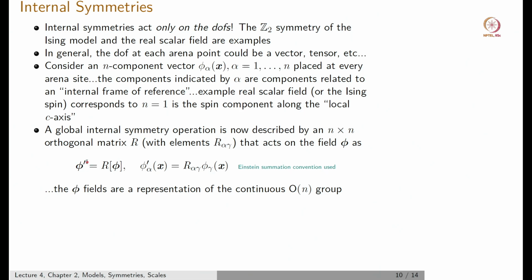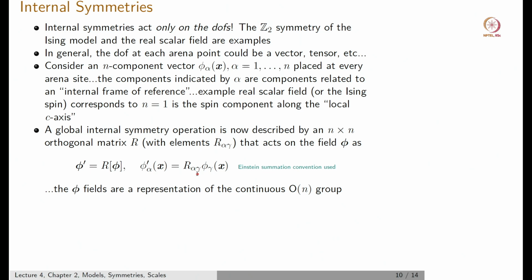It takes it to a new field configuration phi prime, which is the image of phi by the action of R, and this phi prime alpha of x is obtained by taking the phi at the same point x and acting on it by this orthogonal matrix. So what it does is it rotates that vector in the internal space.